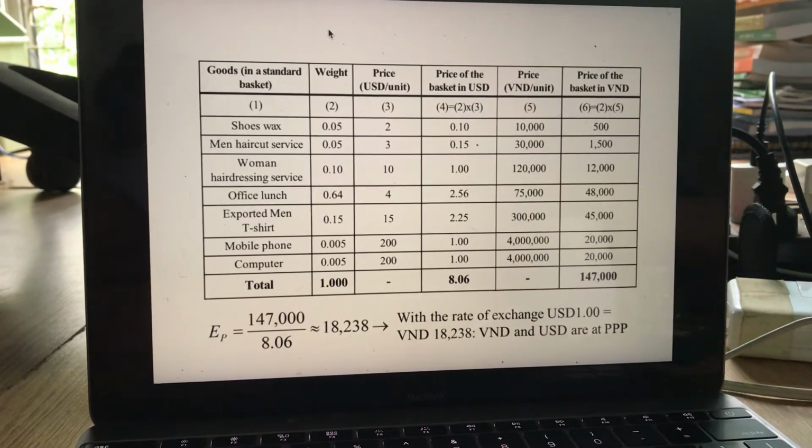In the long run, they should converge to each other. In the short run, the commercial bank can set an exchange rate that deviates from the purchasing power parity, but in the long run, the exchange rate set by a commercial bank fluctuates around the purchasing power parity, and it converges to the purchasing power parity.